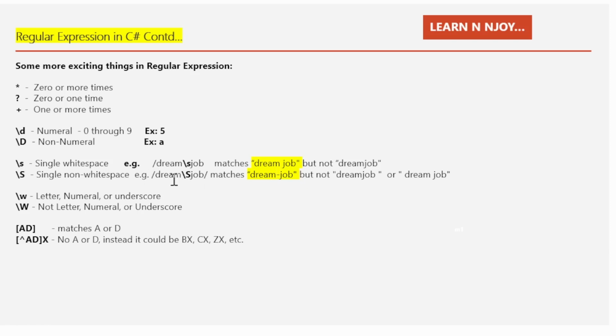For example, if you are mentioning dream backslash small s job, then it matches with "dream job" with a space, but not "dreamjob", because there is no space in between dream and job.